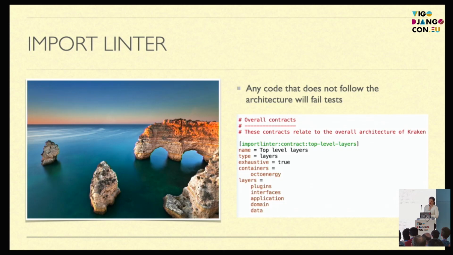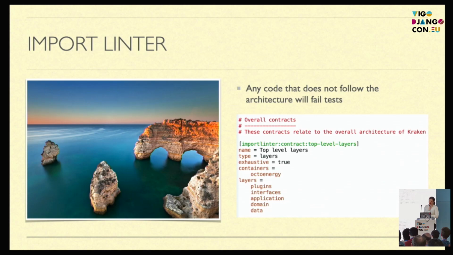It's a tool that verifies your project's architecture by analyzing module imports and checking them against rules defined in a configuration file. The configuration file contains one or more contracts. You see one contract here. Each contract has a specific type which determines the rules it will apply.